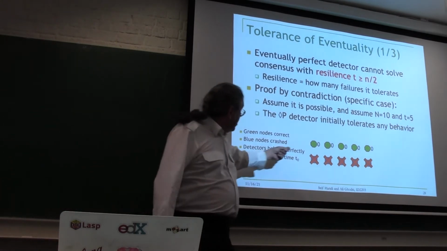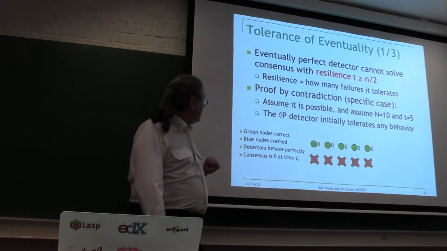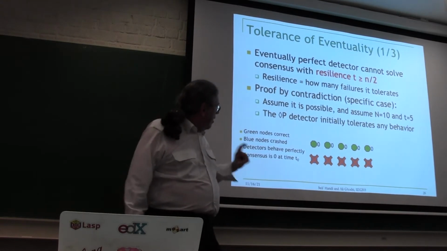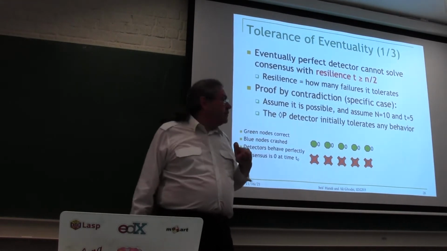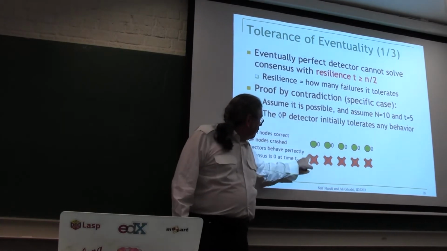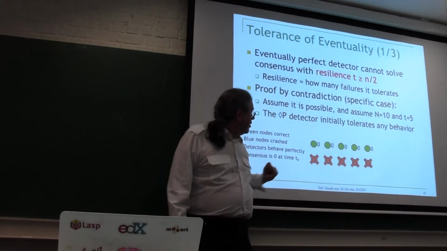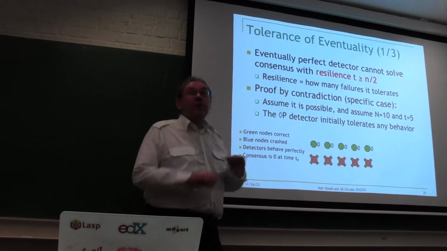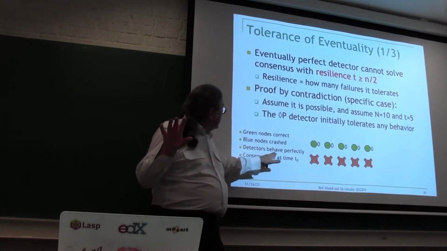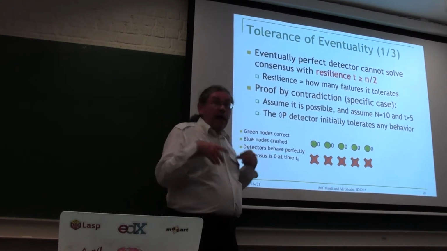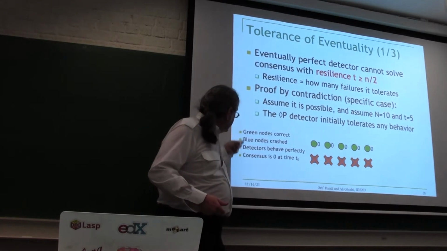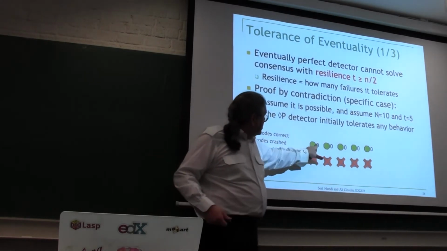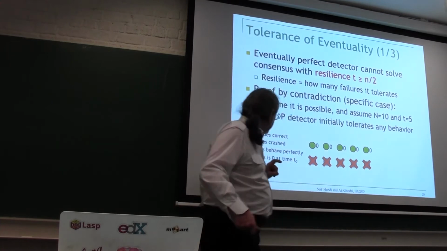So here I have green nodes and blue nodes. Assume now the green nodes are correct, and the blue nodes have red X's, so they crash. And assume the detectors are perfect. That's allowed. An eventually perfect detector is allowed to make no mistakes. All these guys propose 0.